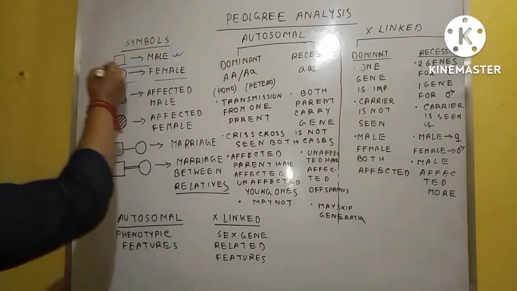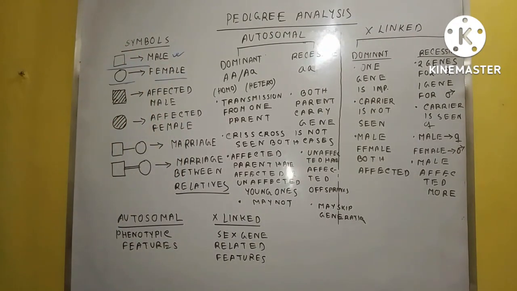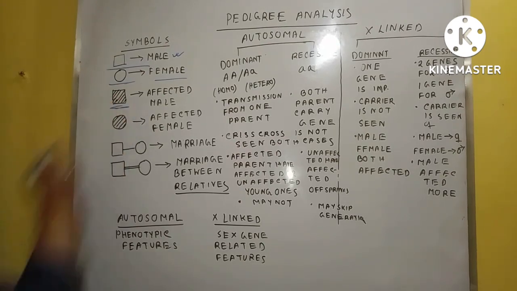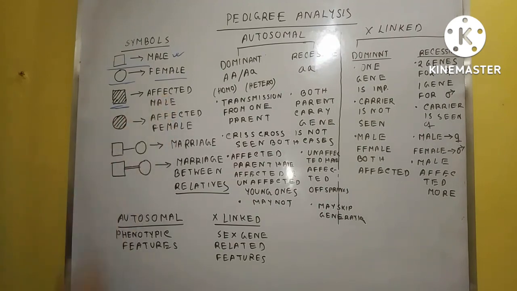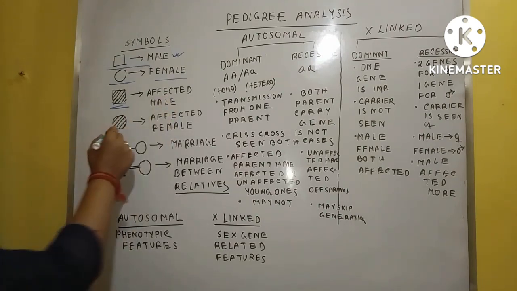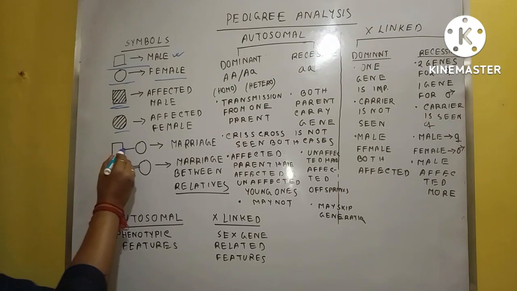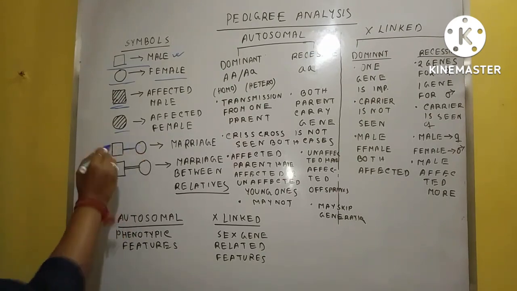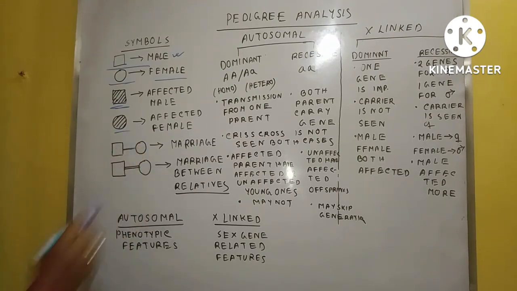A clear symbol means no disease is seen in the individual. The shaded one means the affected male, and the affected female. One horizontal line between a male and female shows marriage, and two horizontal lines show marriage between relatives. These are the basic symbols we use in a pedigree tree.